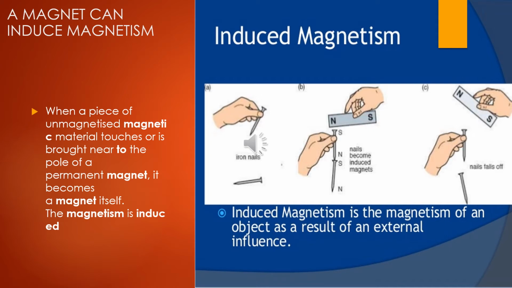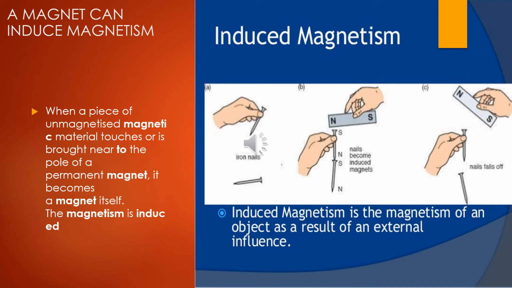You can see in the diagram the iron nail held by the person. This iron nail is an unmagnetized material and cannot attract another iron nail on the ground.